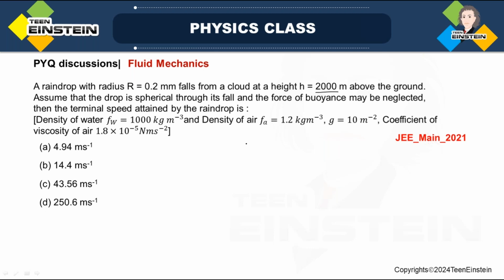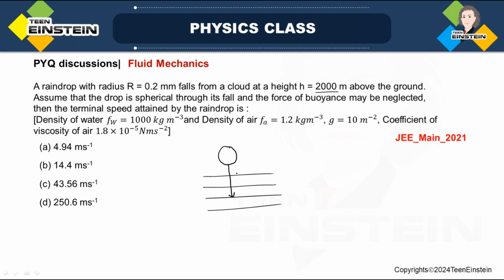Okay, so here we have to understand one point. When a raindrop falls through different layers of atmosphere, you know, this is a fluid. So when it falls through different layers of atmosphere, it actually feels resistance due to the viscosity as well as buoyant force.